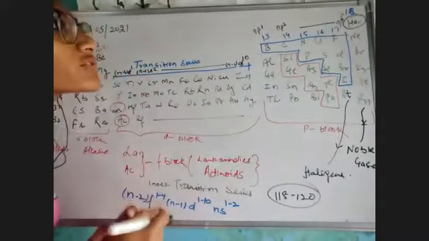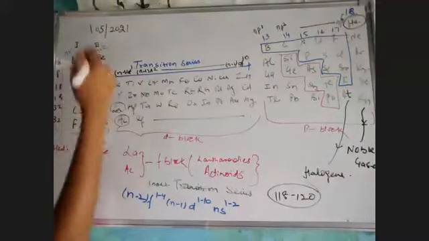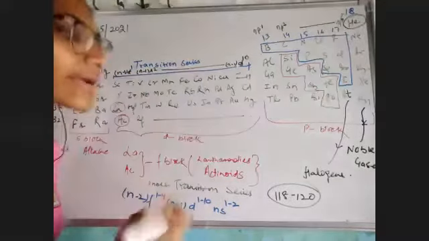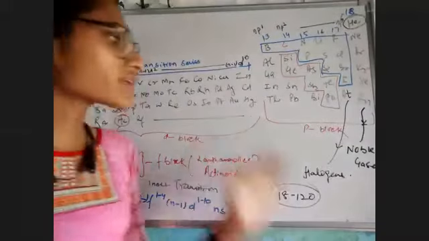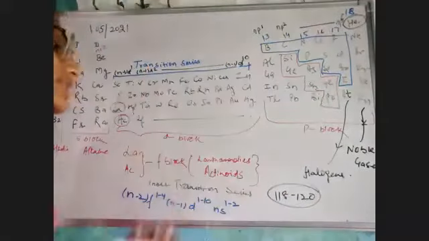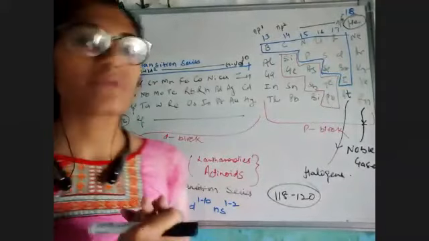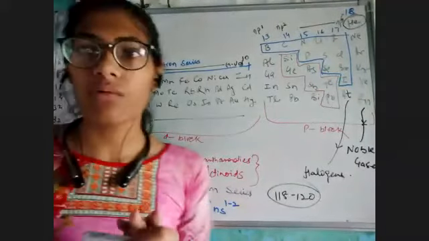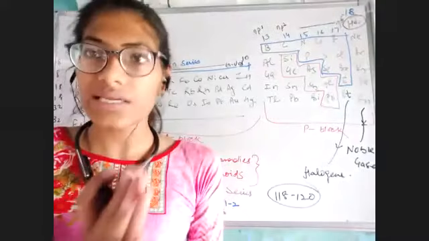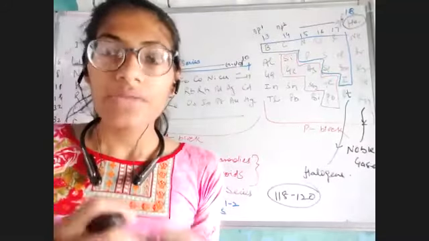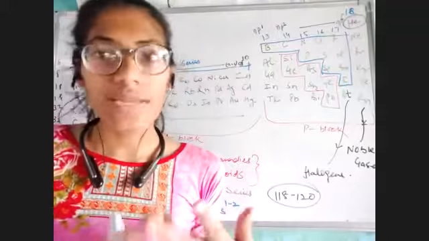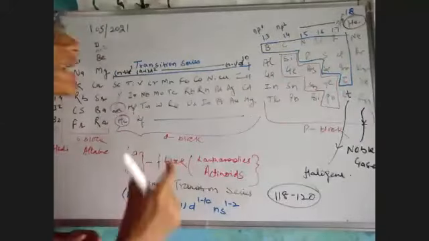Now, most importantly, if I start with the different types of periods and groups, our table is a very large and highly organized system, and it is very difficult to remember these elements. So that's why we have arranged them in the form of period as well as group. I'm repeating again, on the basis of period as well as group.